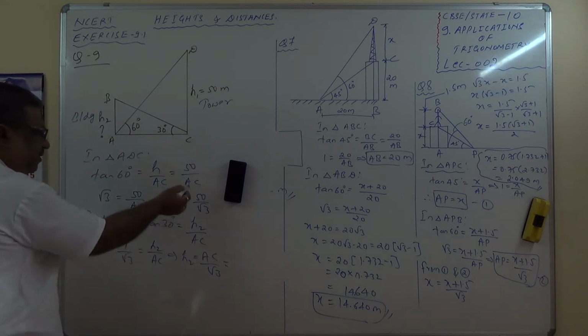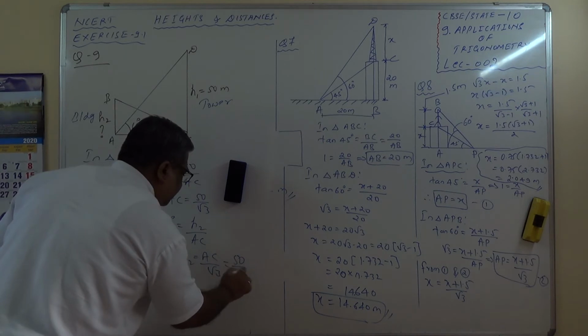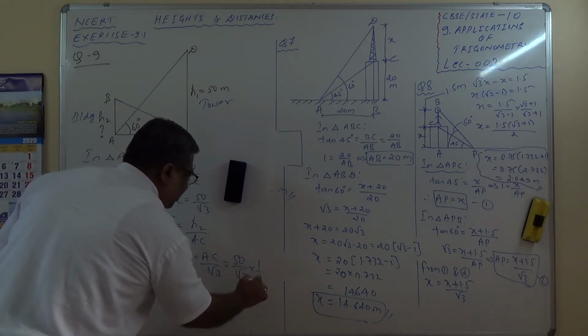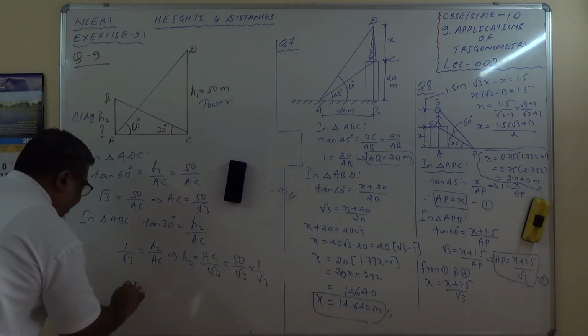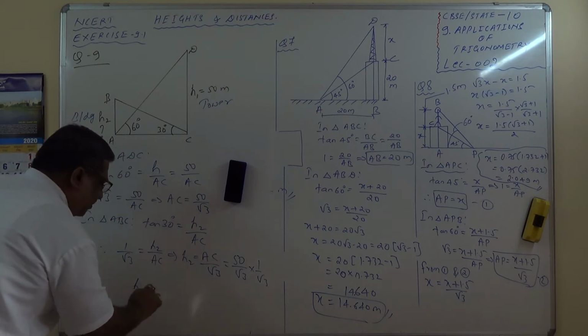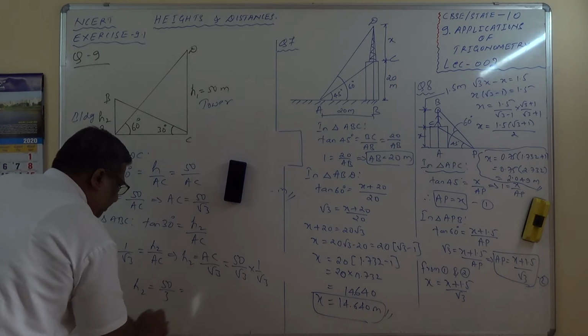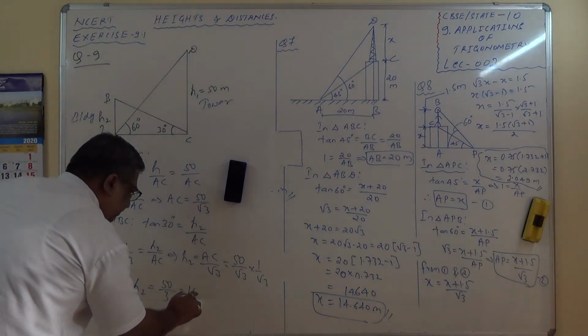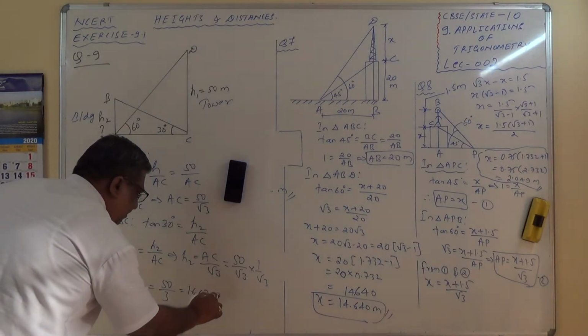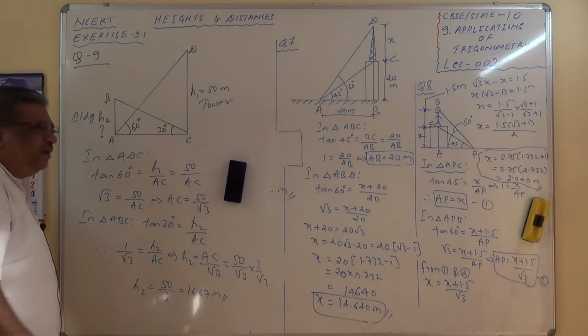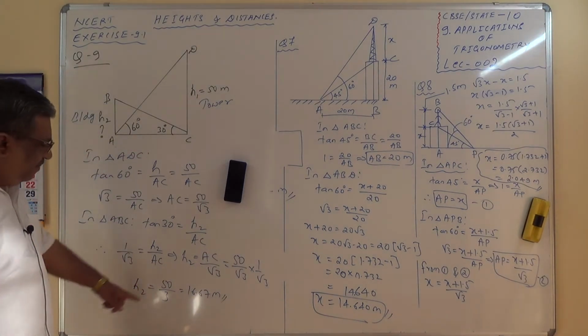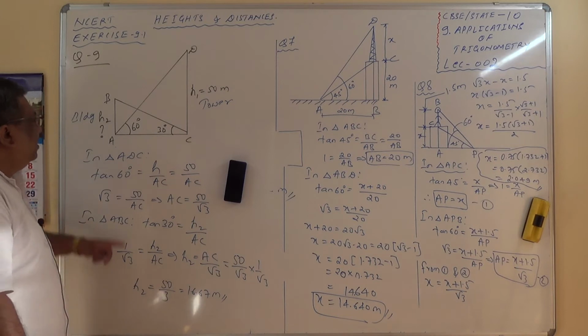AC is 50 by root 3, so 50 by root 3 into 1 by root 3 gives H2, the building height, equal to 50 by 3, which is approximately 16.67 meters. So 50 by 3 meters is the answer for the height of the building.